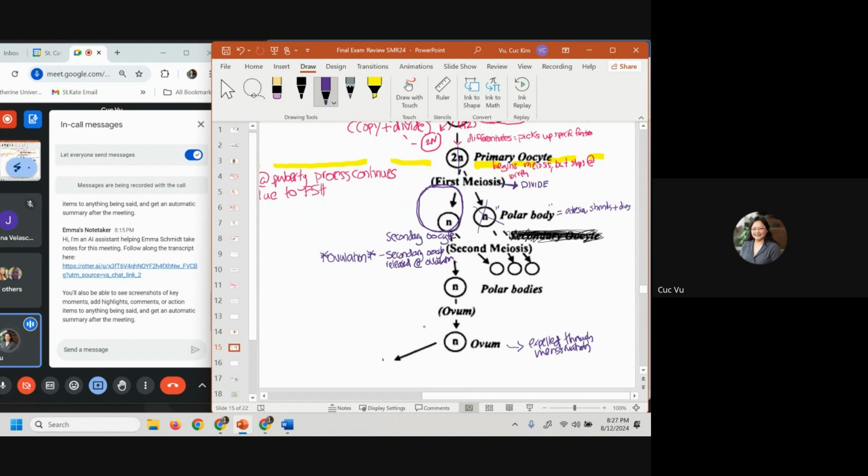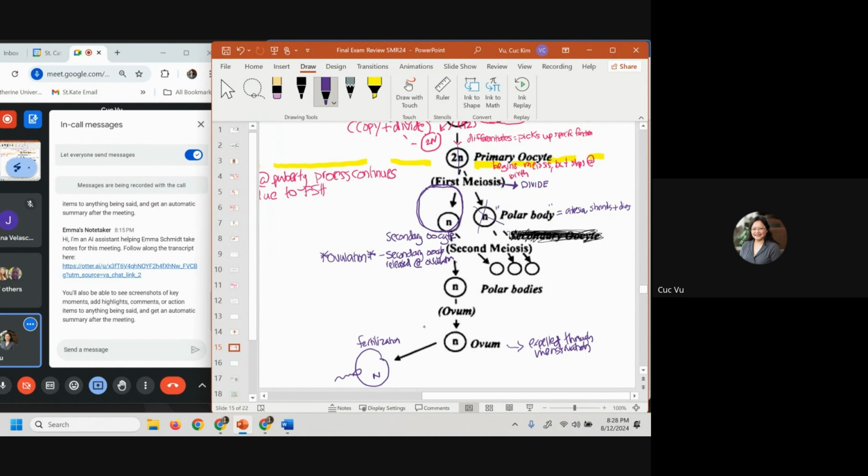Okay. Now, if fertilization does happen, and here's the secondary oocyte, the minute that sperm penetrates the wall of that egg, it's going to finish meiosis by undergoing meiosis 2.